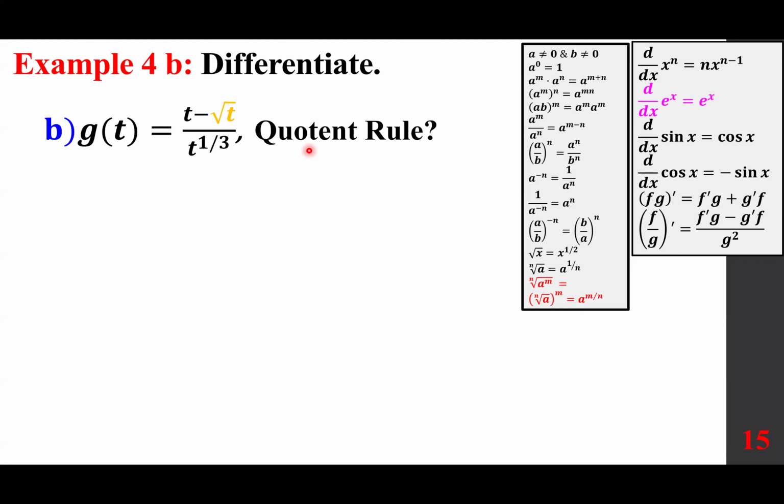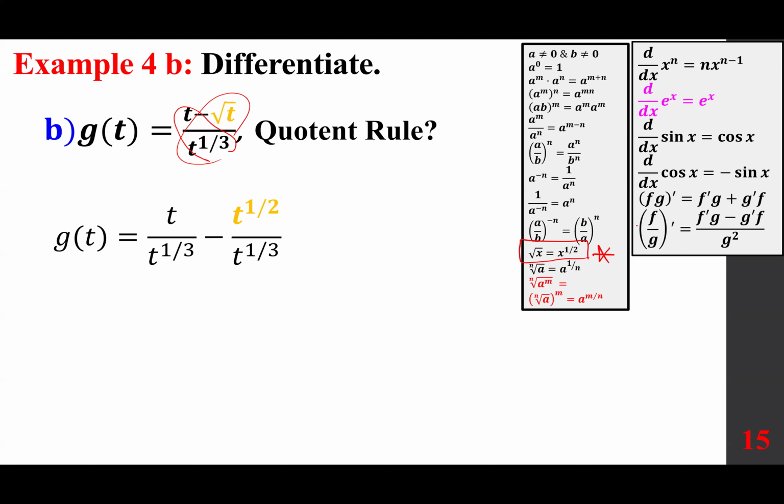Why is that? You just make up two fractions. This one is one fraction, t over t to the power 1/3. This one is the second one, and of course the numerator is square root of t. We write it as t to the power of 1/2.